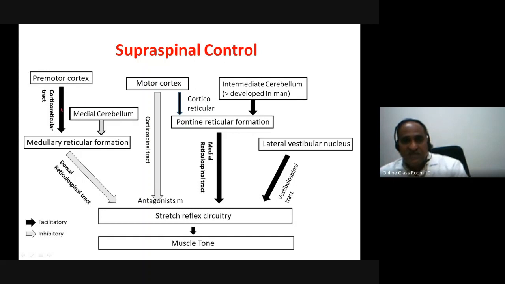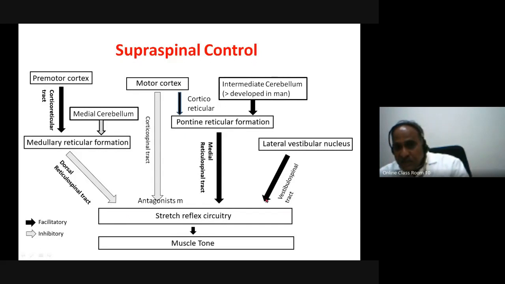So this is excitatory, this is excitatory, this is excitatory to the structure, the reflex circuitry. You have 1, 2, 3, 4. Forget about these two, which are converging on one, and two are excitatory. And this one is excitatory to the gamma motor neuron. If I am looking at the gamma motor neuron, there is only one excitatory on the gamma motor neuron activity, and one inhibitory on the gamma motor neuron activity.